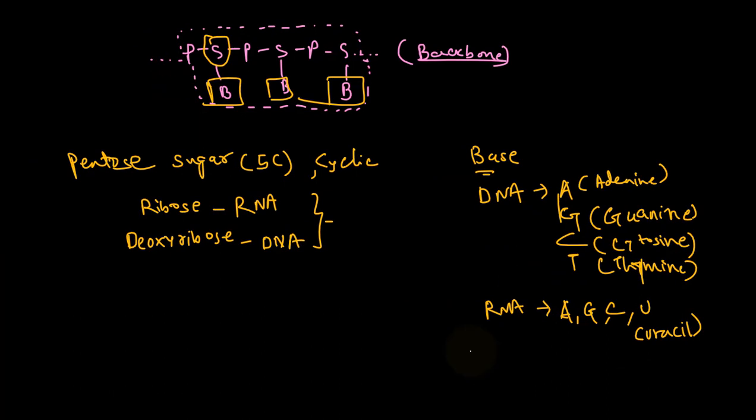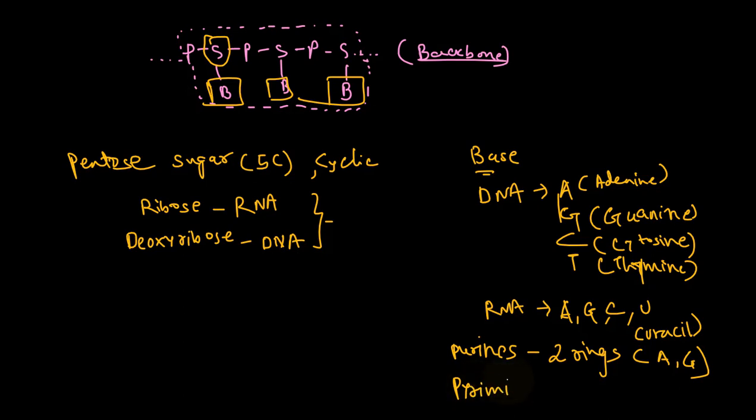Now if I have to classify these bases, there are purines, which contain 2 rings. The common purines are adenine and guanine. And pyrimidines contain one ring structure, that is cytosine, thymine and uracil.